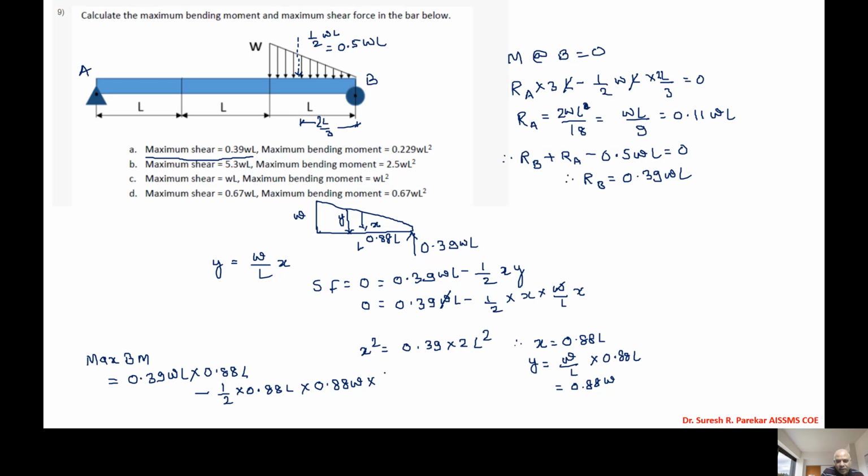So we have into 1/3 of 0.88 L, and if you solve this, you will get the value equal to 0.229 WL square, and therefore we have option A.